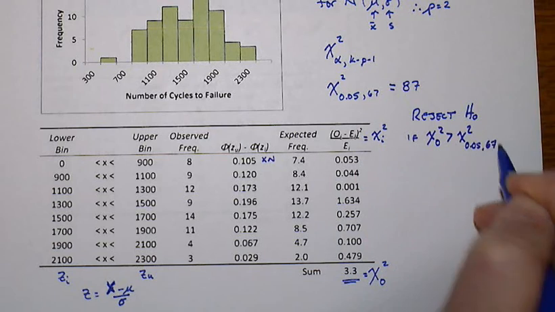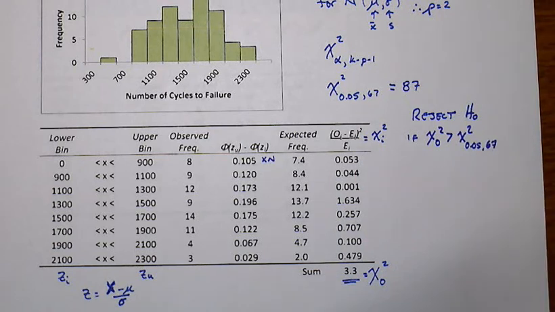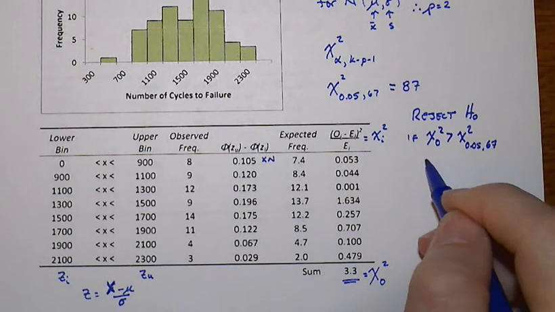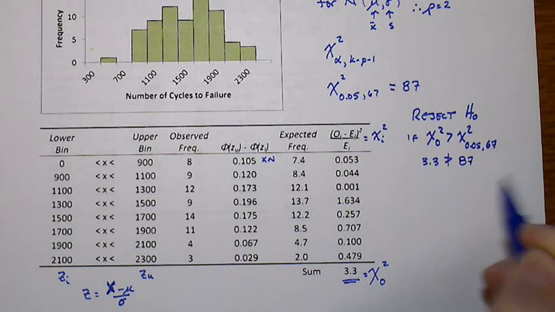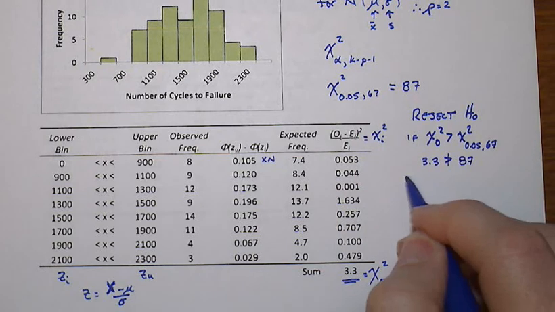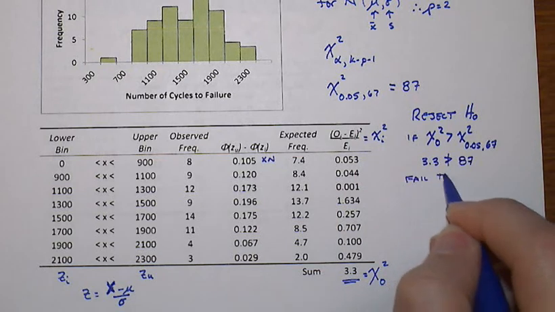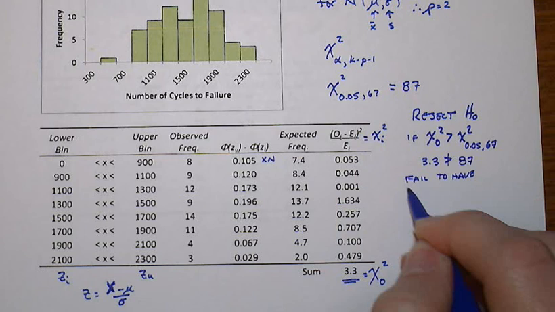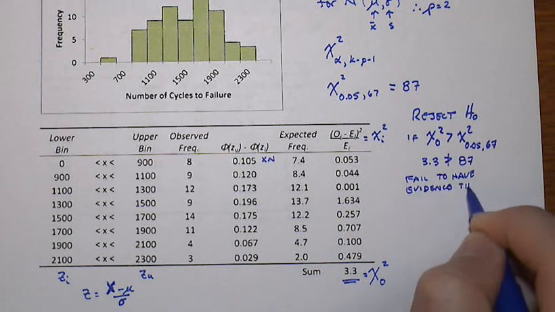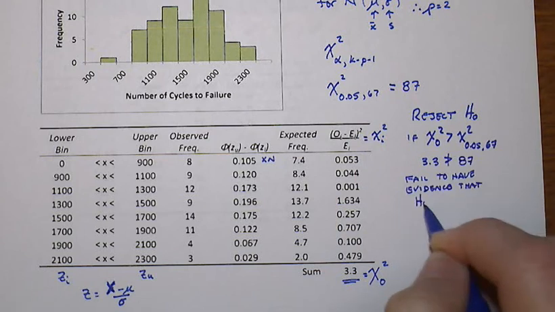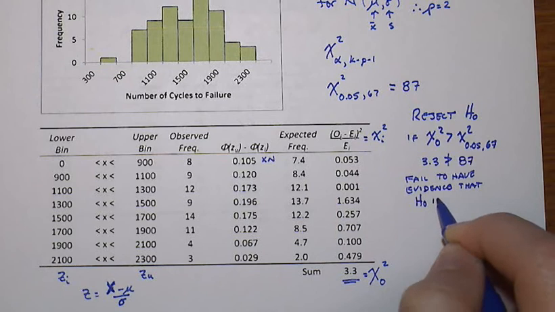Right, that's the fixed significance approach. And in this case, 3.3 is not greater than 87, so we fail to have convincing evidence that H naught is wrong.